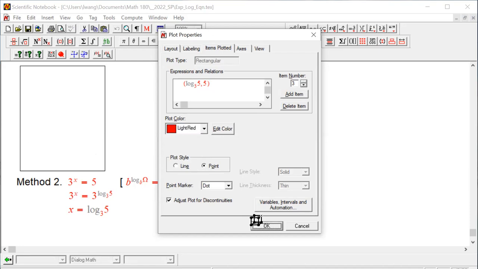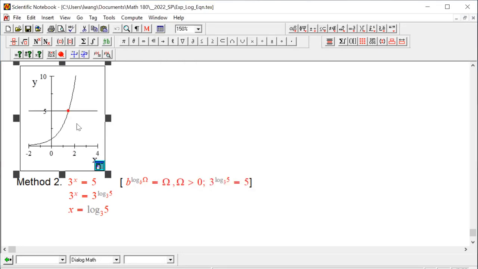So in these cases, the algebraic method becomes more important. So that's the x, right? x comma y, y is 5. So let me mark it for you here. So this point, the x is log base 3 of 5.